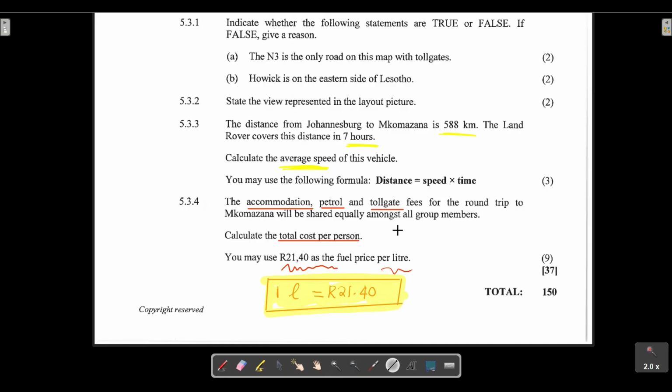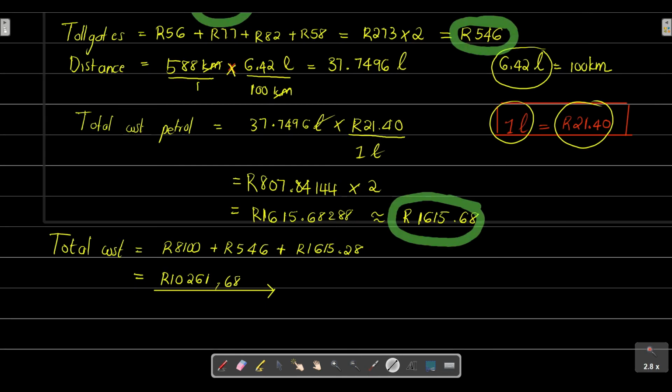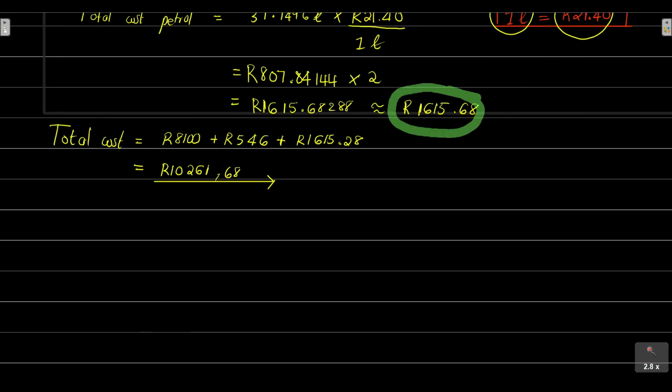Now remember the question was asking us to determine the total cost per person, not the total cost for the whole group. So we need to split this amount by 5. Therefore, the total cost per person is going to be 10,261.68 divided by how many people in this group? 5.